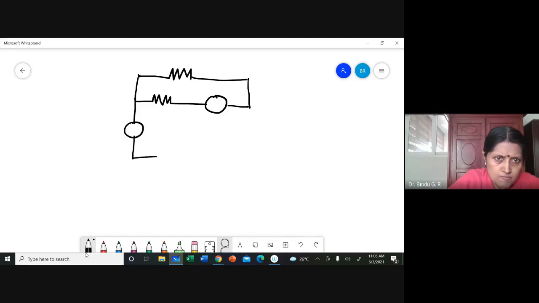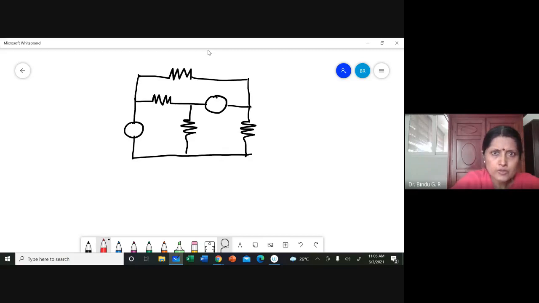Suppose I have a circuit like this, where I have a voltage source instead of a current source. This is say 4 ohm, this is say 2 ohm, 8 ohms, 6 ohm. This is a voltage source, 10 volt, and this is 5 volt.